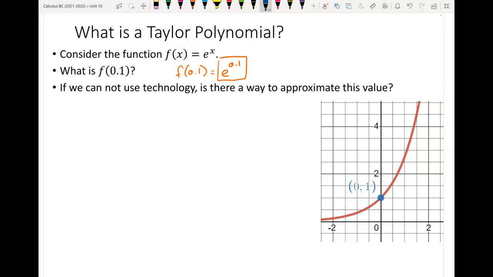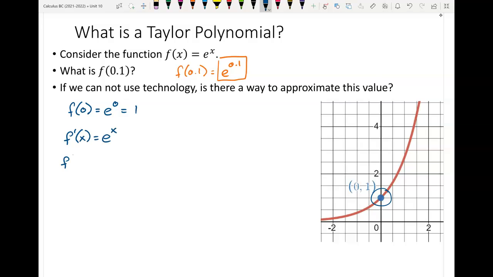Okay? So, if we were to take that point at 0, and we said, okay, well, first off, what is f of 0? What is f of 0, guys? E to the 0, which is 1, right? Okay. What is f prime at 0? Well, first off, what is f prime of x?